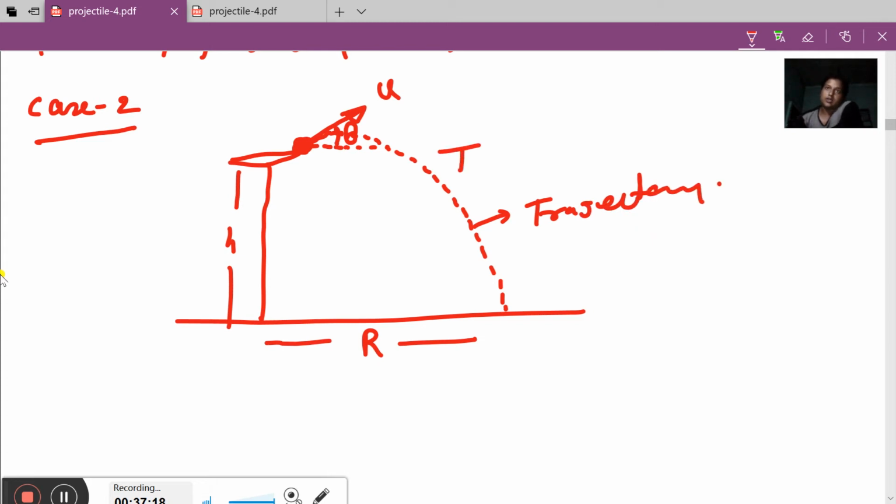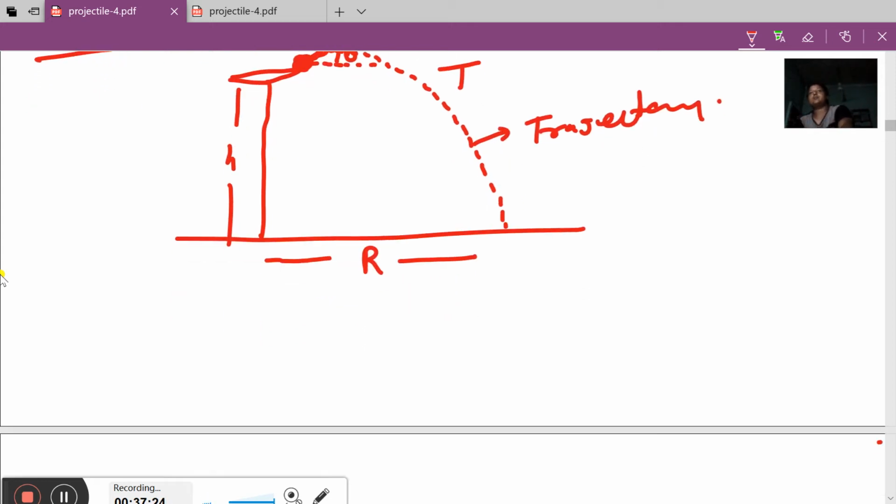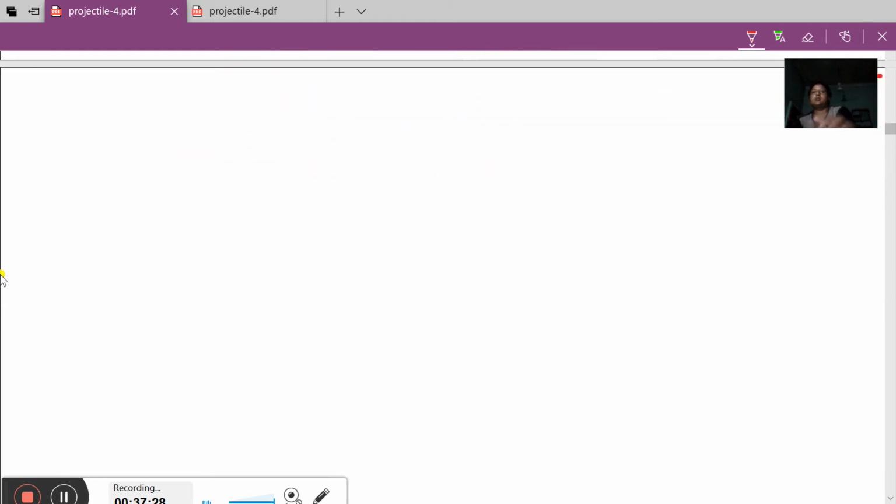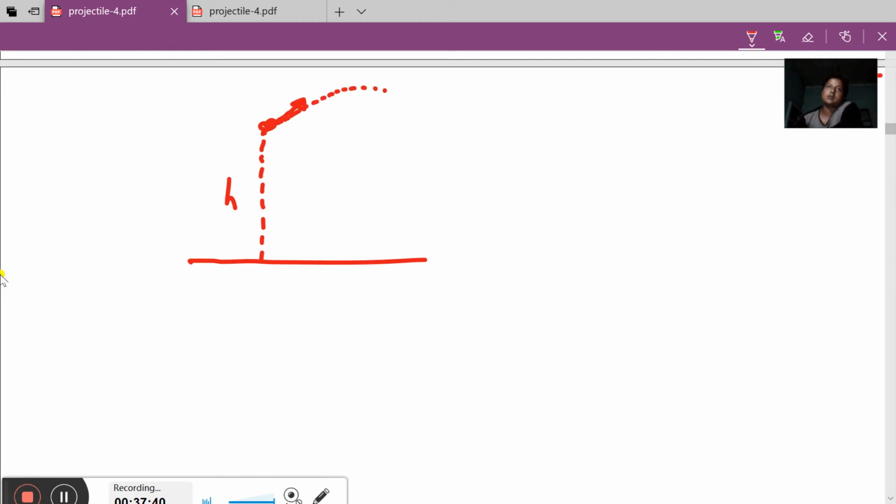Time of flight is t, and greatest height is something different. Suppose this one is height h, and we throw the projectile in this direction, so the projectile comes like this.